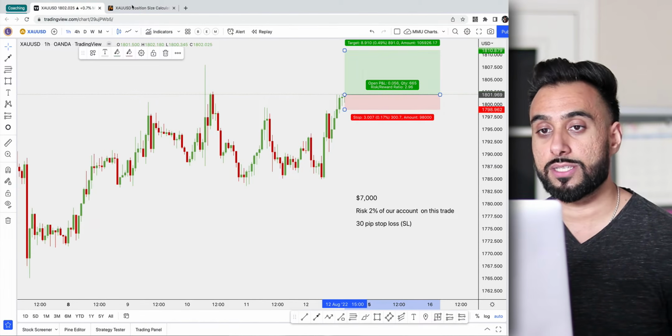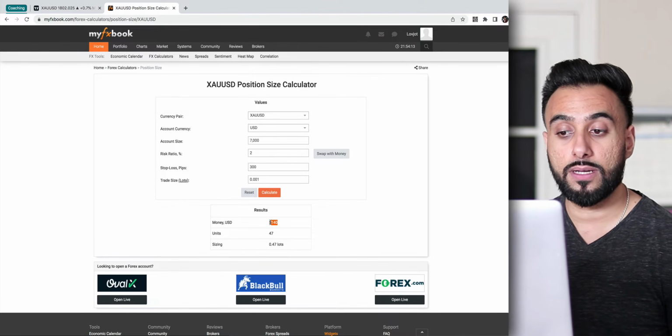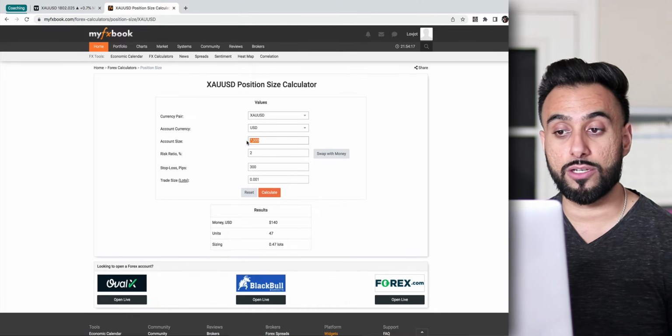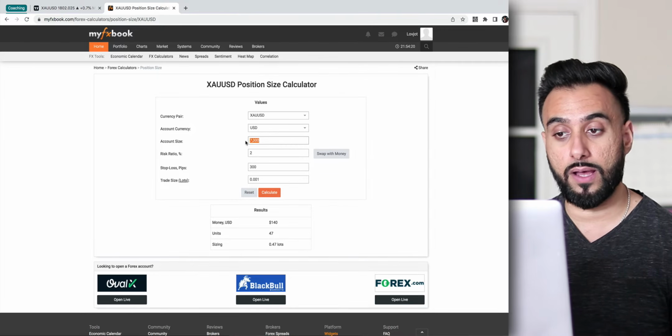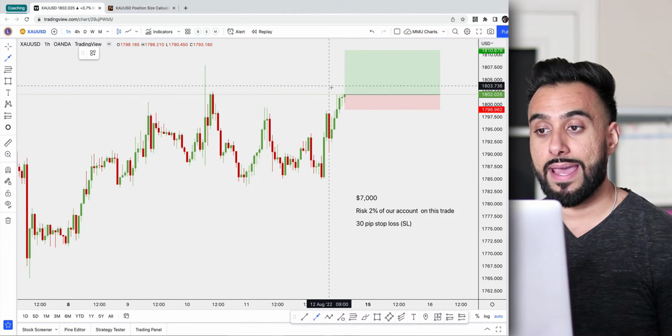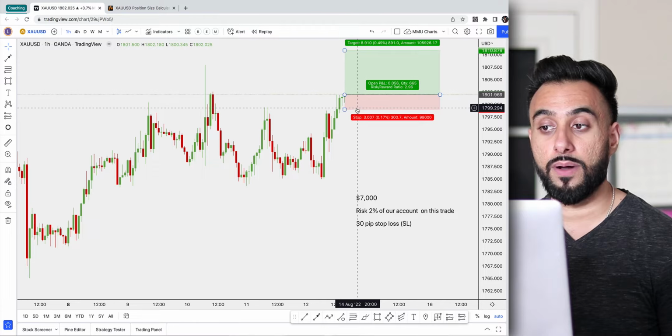Going back to the actual position size calculator, we'll notice that in this case, we are willing to lose $140 on this trade, which, if you do the math, is 2% of $7,000. Now, in this case, if the price ends up coming down here, we're going to lose 140 bucks.